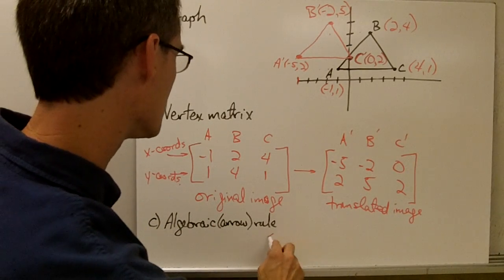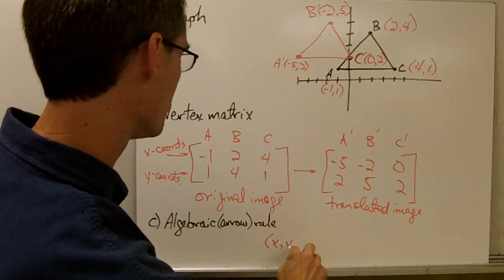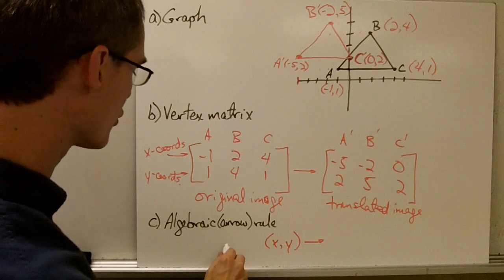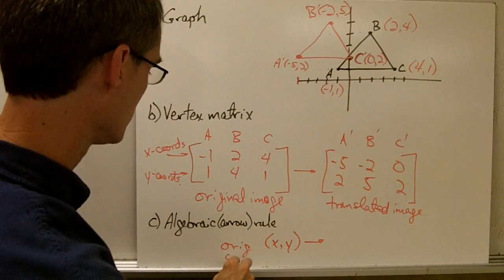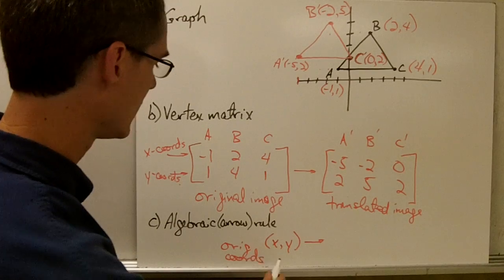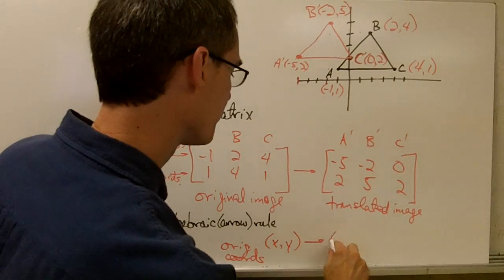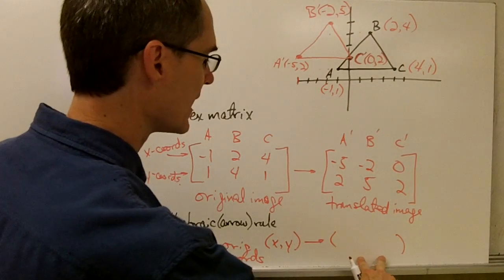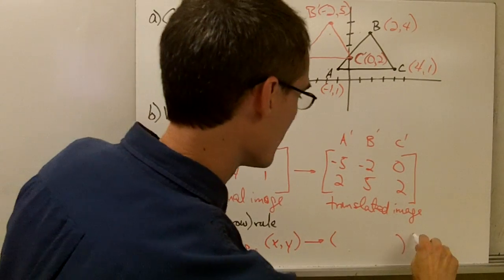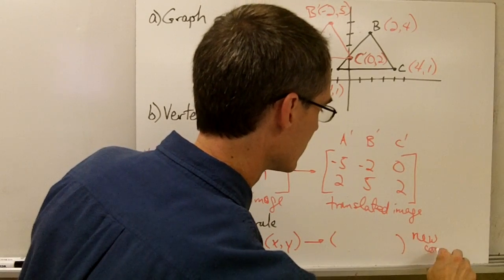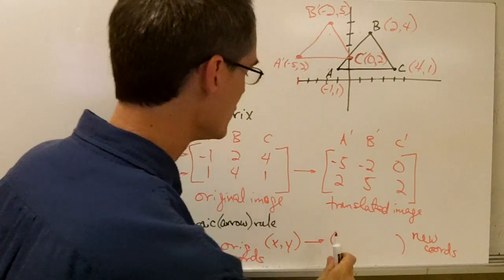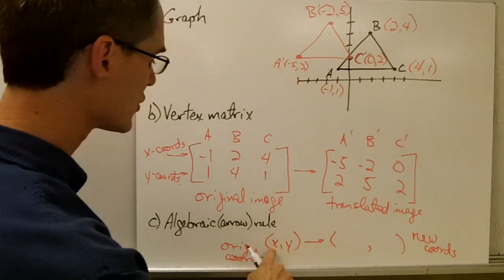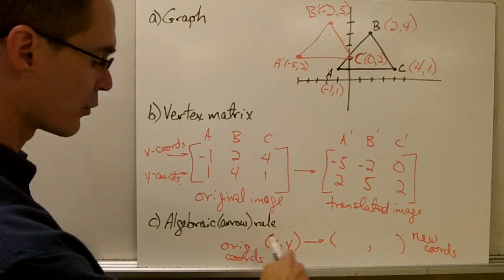Well, the way we write this using what we call the algebraic rule is we start with our original coordinates. So if my original coordinates have an x-coordinate and a y-coordinate, the way I translate these into my translated coordinates, or my new coordinates, is this: in order to get my new x-coordinates, I just subtract 4 from my original x-coordinates.